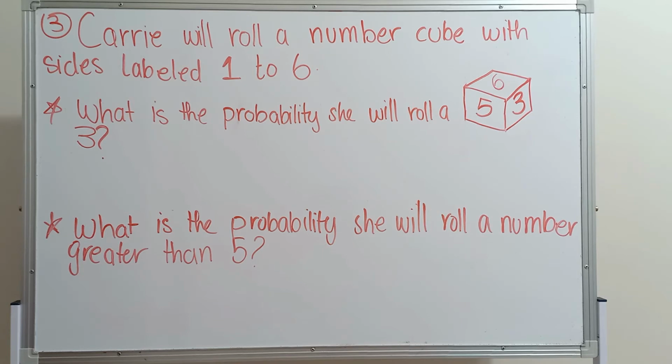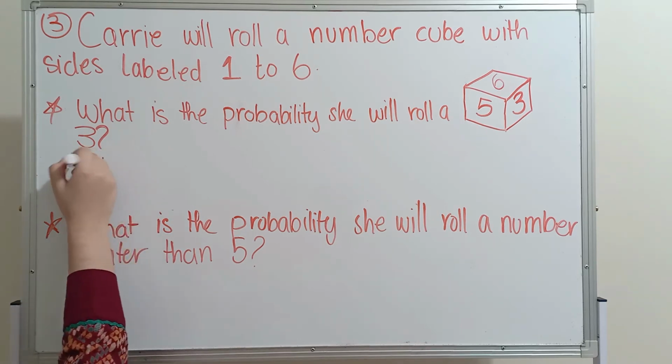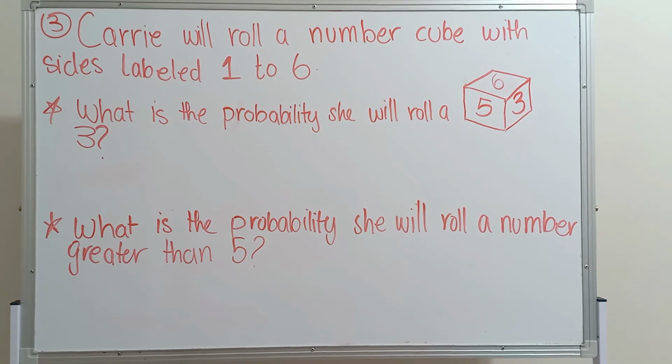As we have done in the last two questions, we are going to solve this one the same way. Here we have a cube with 6 total sides, meaning it will have 6 outcomes. Only one side out of the whole cube is going to give us a 3, because there are no repeating numbers. We have 1 on one side, 2 on another, 3 on a separate one, 4, 5, and 6 each on separate sides, with no repetition.